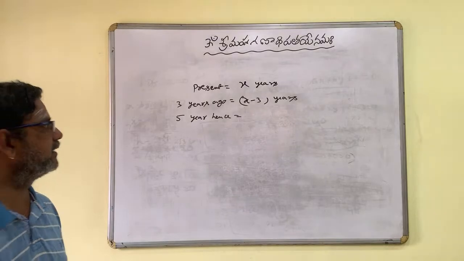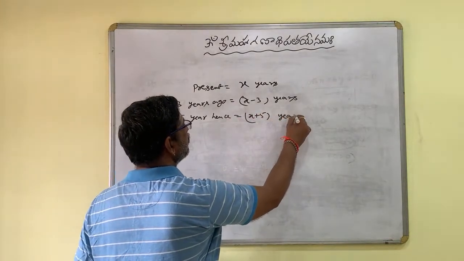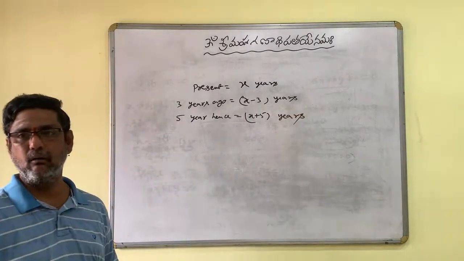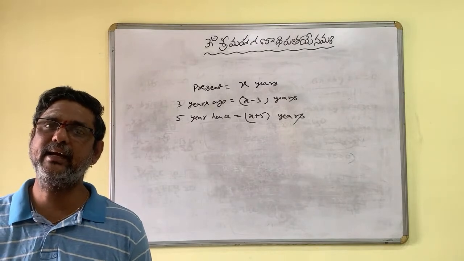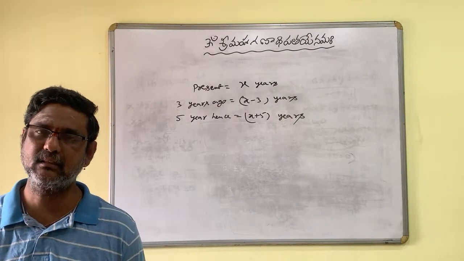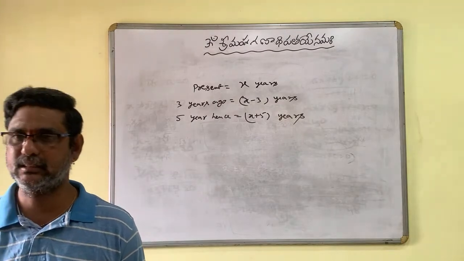Yes, x plus 5 years, correct? Now I know my present age is x years. 3 years ago it was x minus 3 years, and 5 years from now it is x plus 5 years.